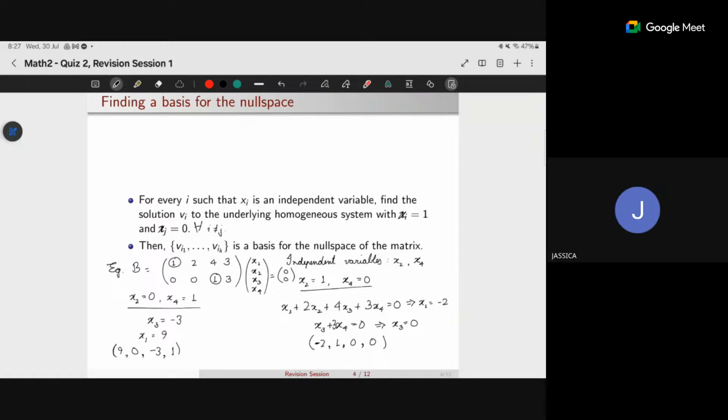So this set, let me call it script B, minus 2, 1, 0, 0, and 9, 0, minus 3, 1. This is a basis for the null space of B. And what is null space of B?